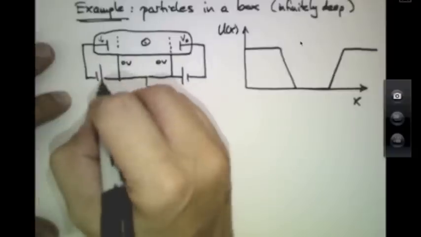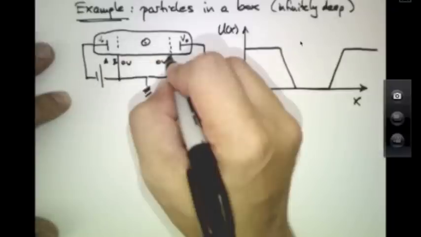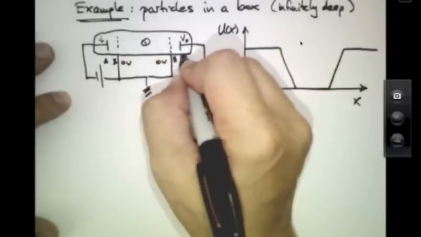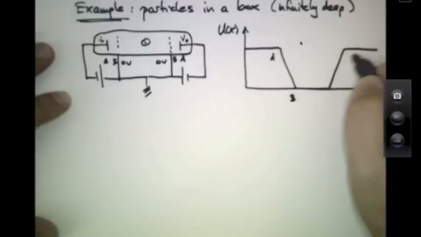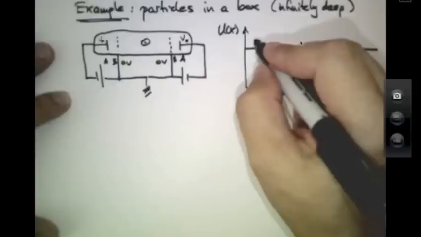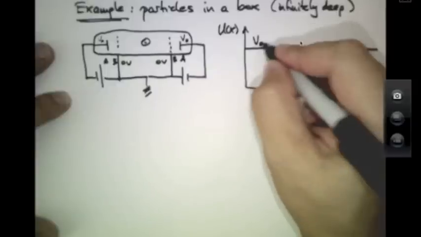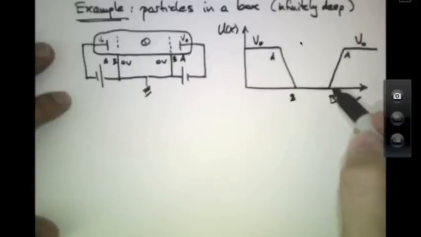So this might be location A, and this is B, this is B, this is A. The particle would have to climb up to some voltage, V0, in order to reach either of these points A, but it lives in a state of 0 potential out here in the middle.